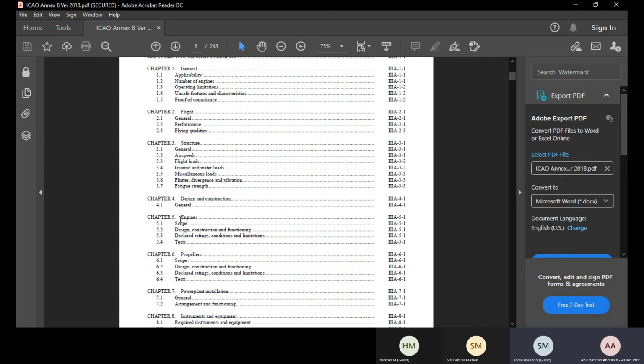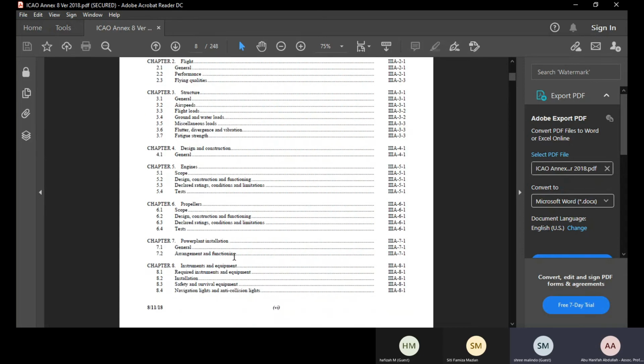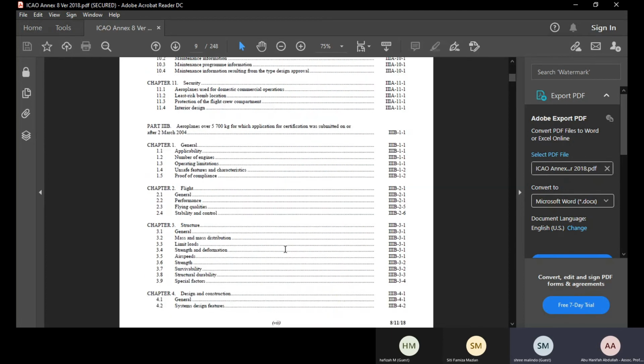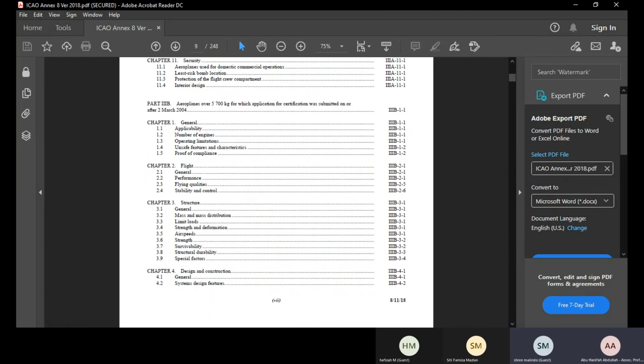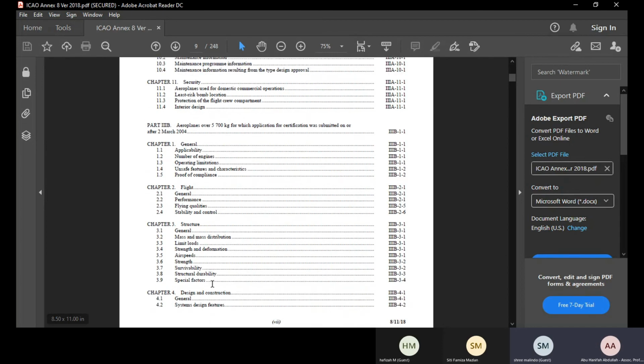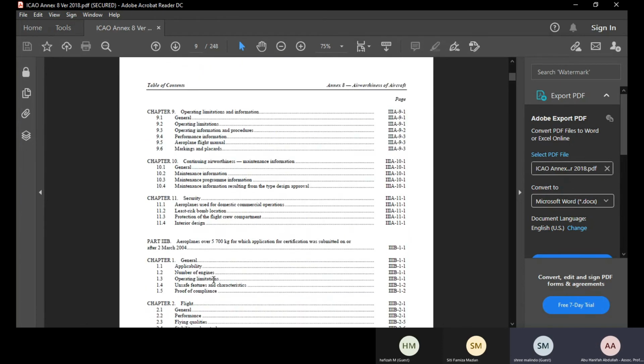However, in the previous practices, and in some countries still, they design and certify the engine and propeller together with the aircraft. Means that all the work, all the activity in part 5, sorry, what part again? Engine is scaled out inside this part 3.